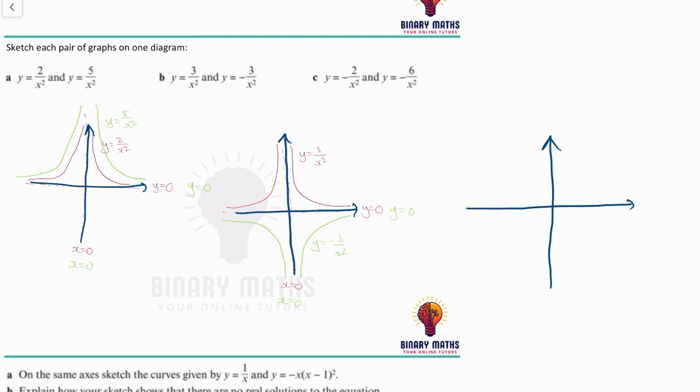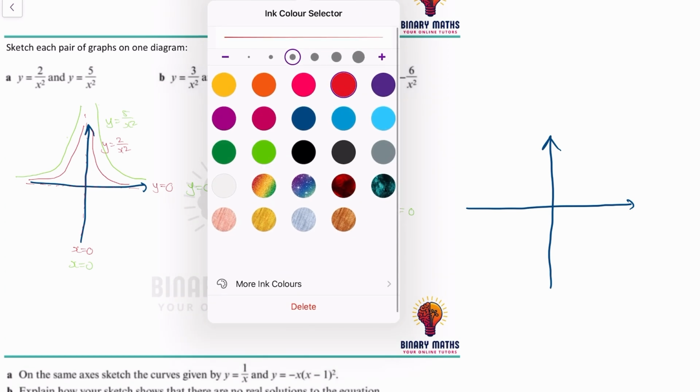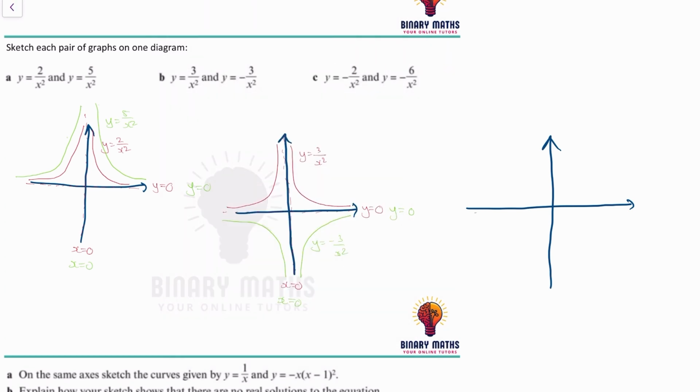Okay, negative 2 over x squared and negative 6 over x squared. So negative 2 over x squared will be quadrant 3 and quadrant 4. X equals 0 and y equals 0 asymptotes for that one.